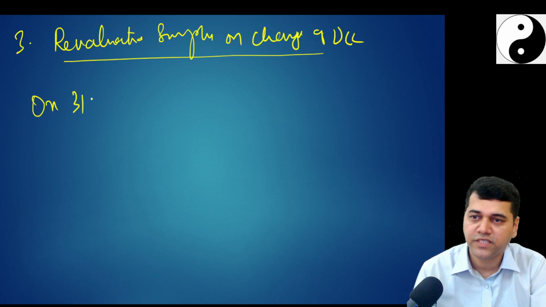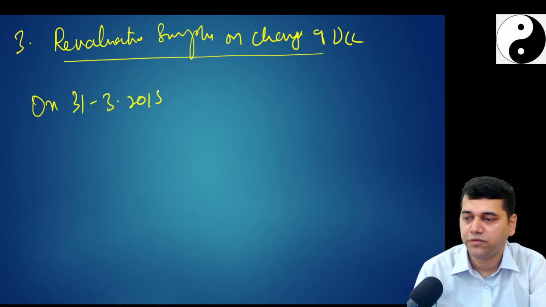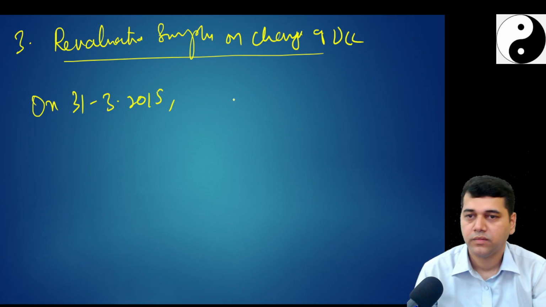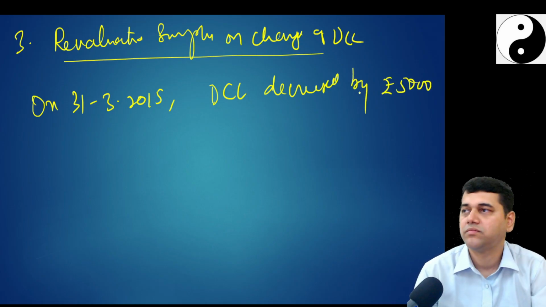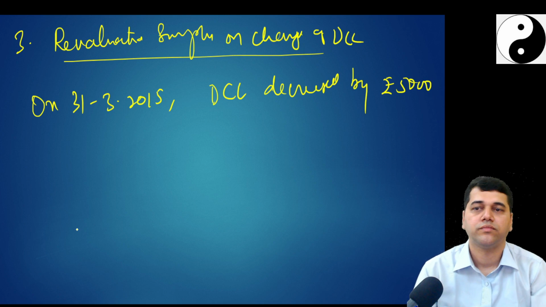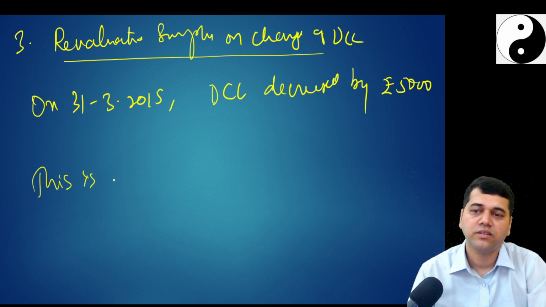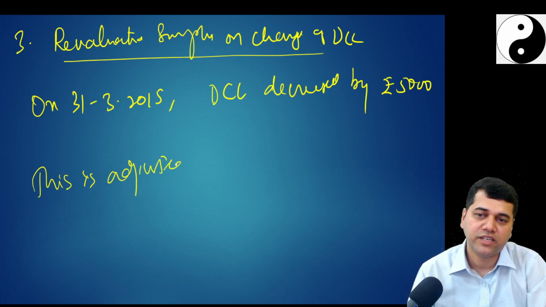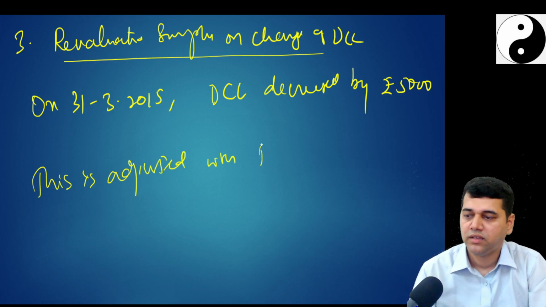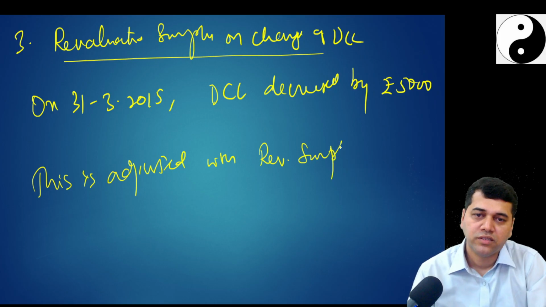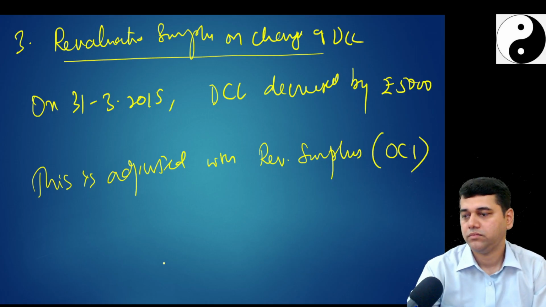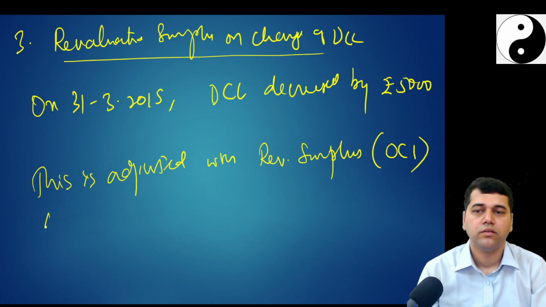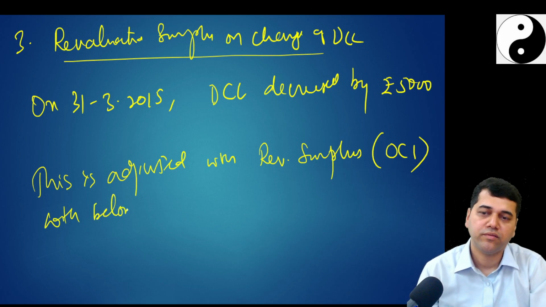On 31st March 2015, DCL decreased by rupees 5,000. This is adjusted with revaluation surplus, with the below entry.